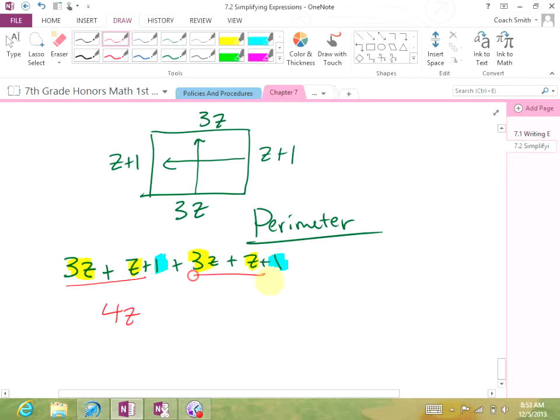Then you have a 3z and a 1z there, and it gives you 4z plus 2. Okay, now I have 4z plus 4z gives me 8z plus 2. And that's your perimeter. That is the expression you would need to have to get the perimeter.